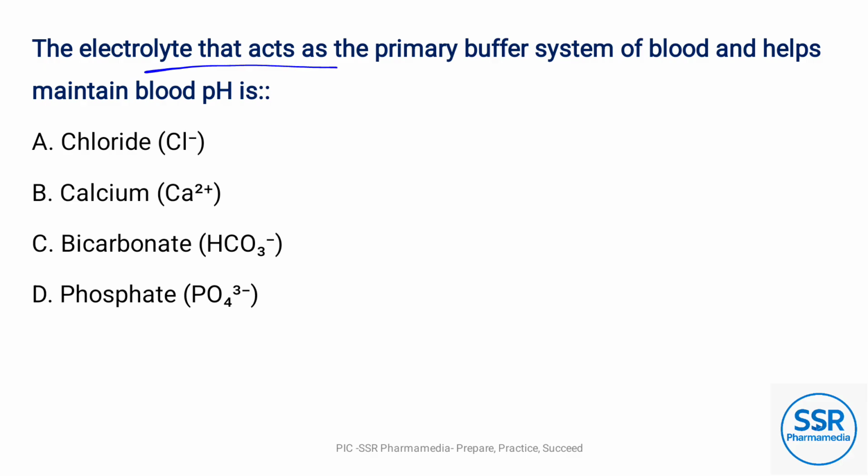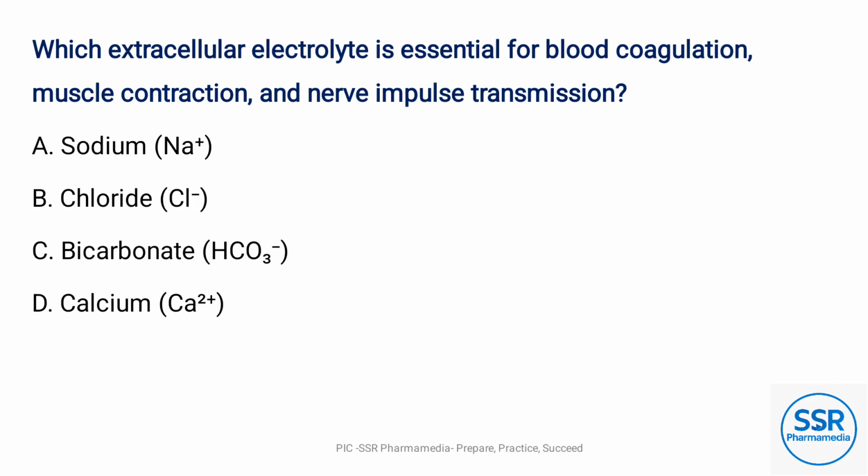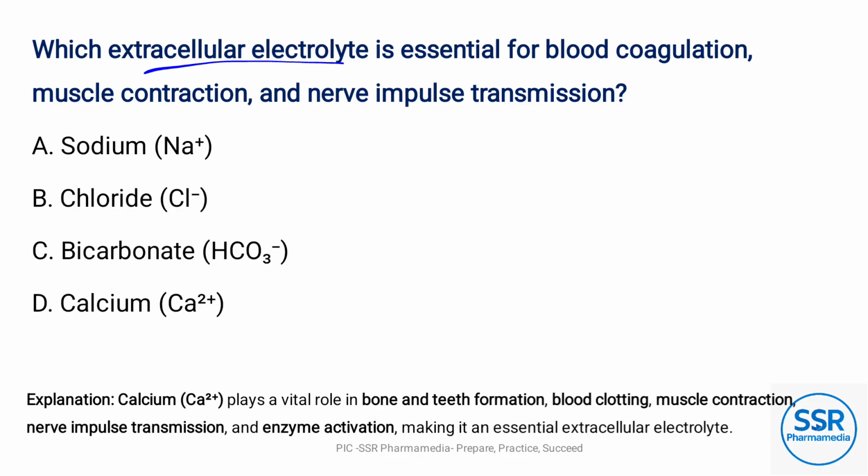The electrolyte that acts as the primary buffer system of blood, helping maintain blood pH, is option C, bicarbonate ions. Which extracellular electrolyte is essential for blood coagulation, muscle contraction and nerve impulse transmission? Option D, calcium ion.